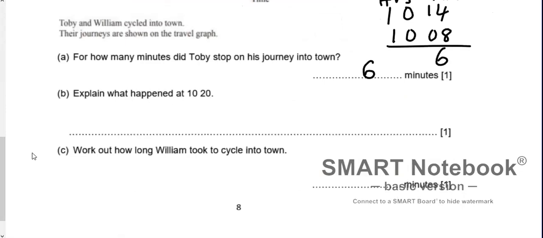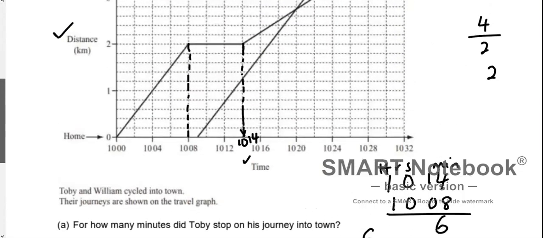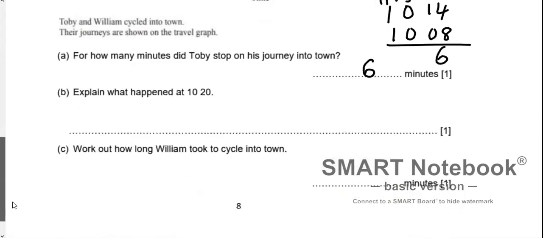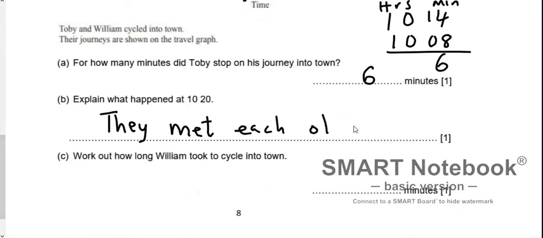Explain what happened at 10:20. At 10:20, what happened here? This is 10:20. What happened here at this time? They met each other. So we said they met each other. That is what happened.